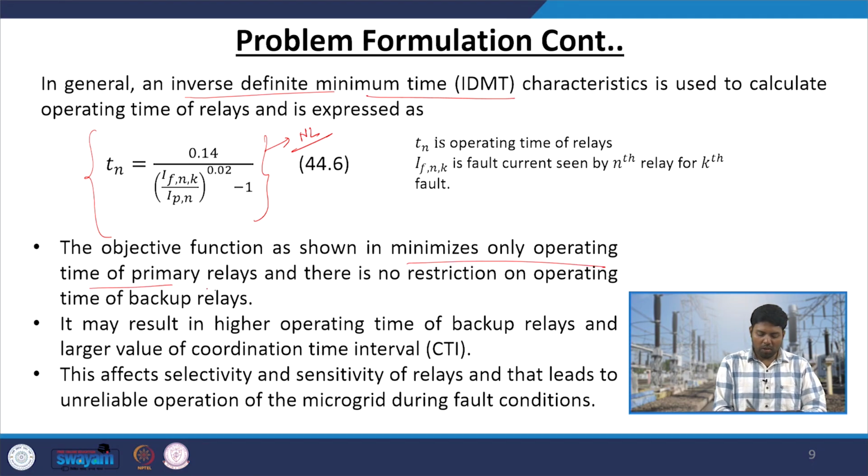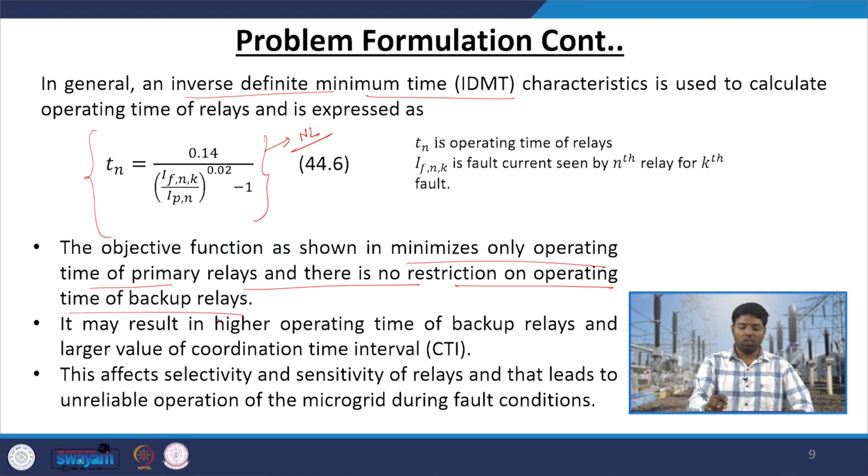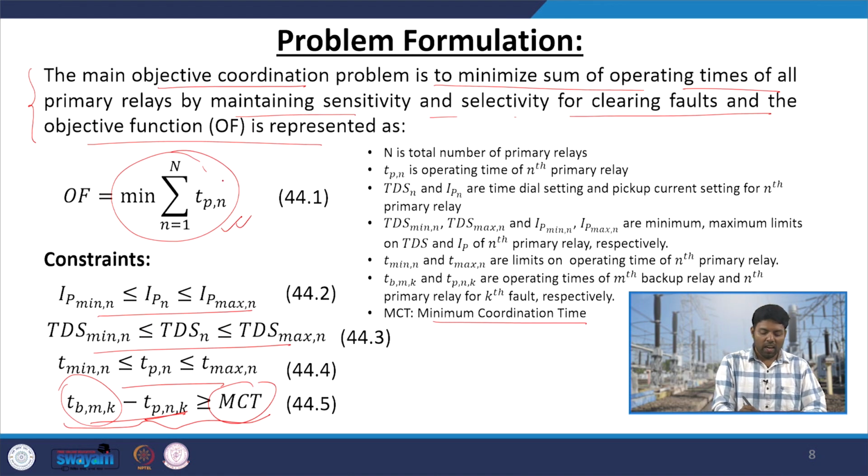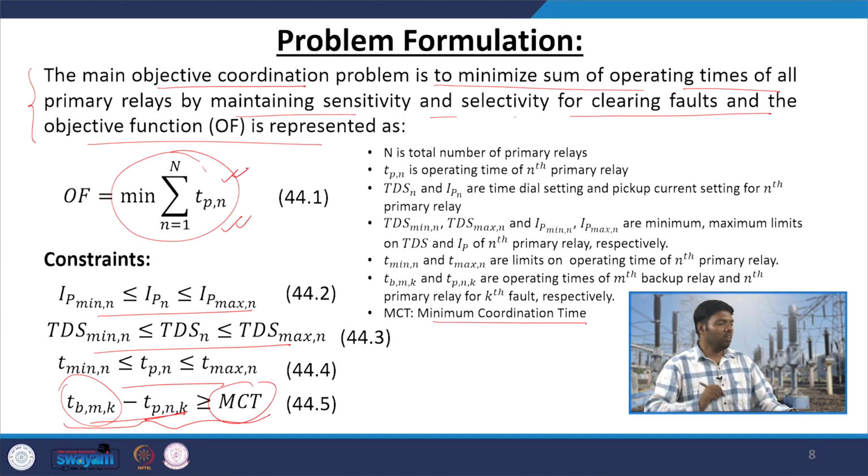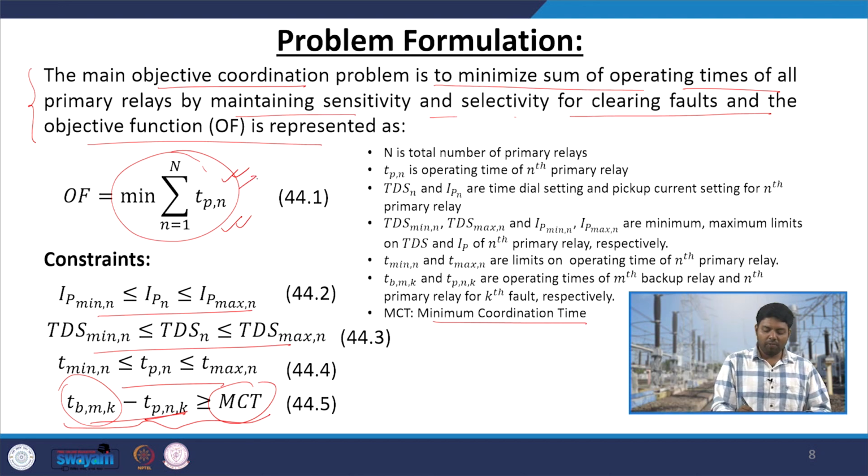Only the operating time of the primary relay is minimized, but there is no restriction on the operating time of the backup relay. So, this equation is only minimizing the operation of the primary relay. Let us say the primary relay fails to operate, and you fixed your MCT to be 2 millisecond.